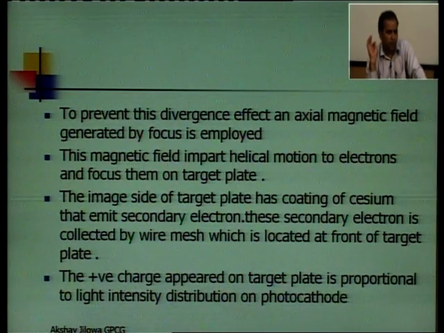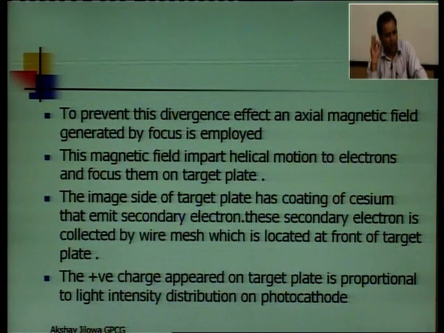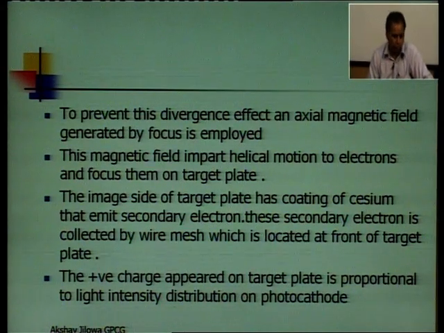This magnetic field imparts helical motion to electrons and focuses them on the target plate, so they strike the very point which they are intended to strike, or which we expect them to strike.